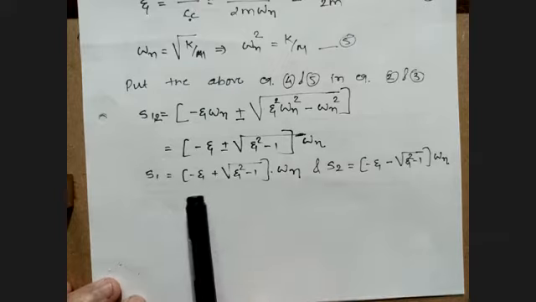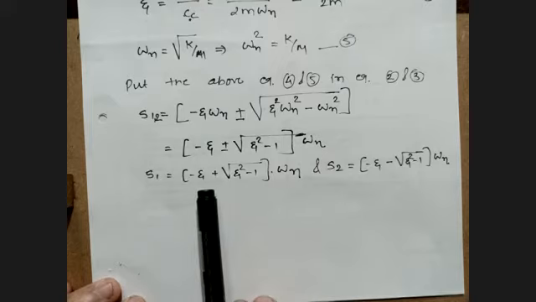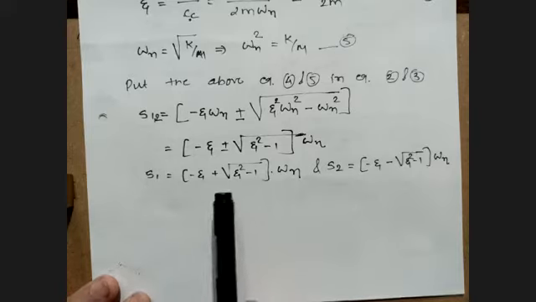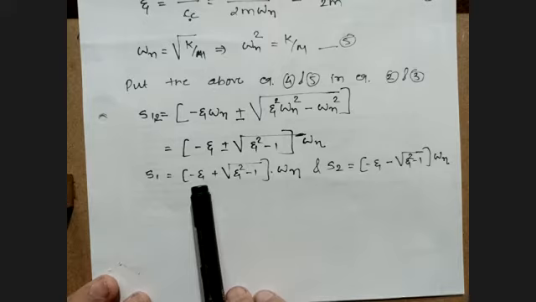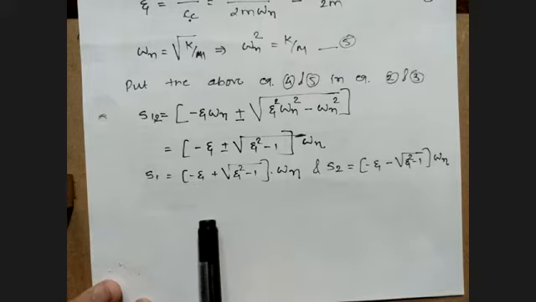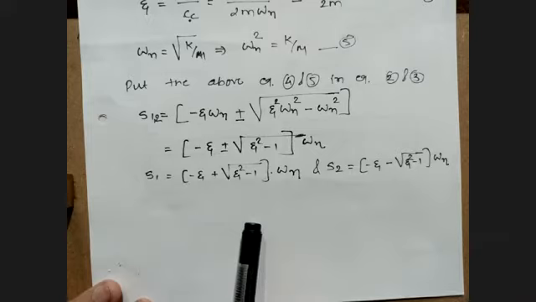Based on zeta, we have classified three different cases, because zeta is a ratio, and the ratio has three possibilities: equal to 1, less than 1, and greater than 1. According to that, we have classified this under three different cases.